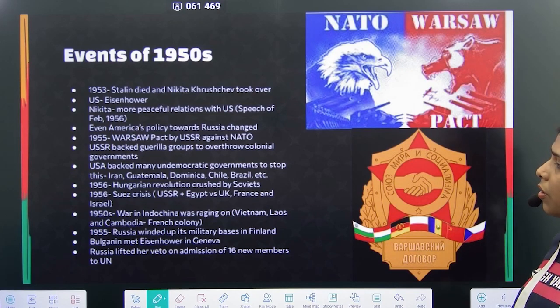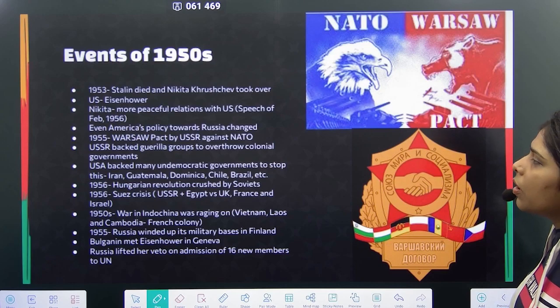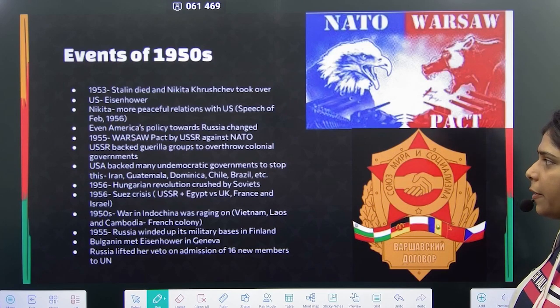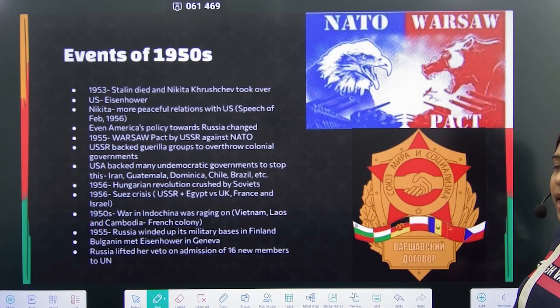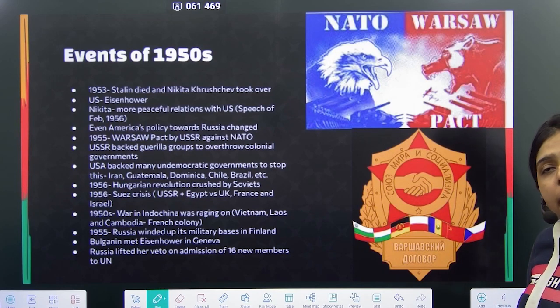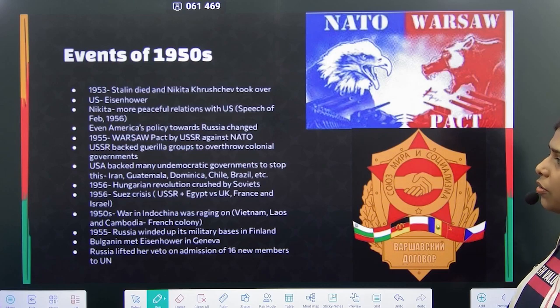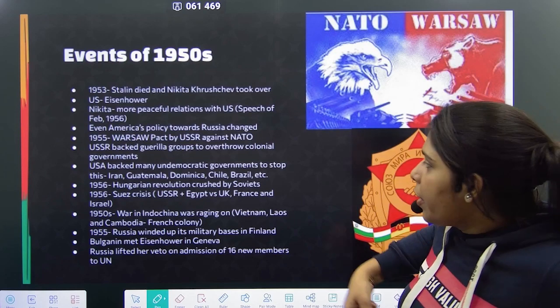And we also saw that USSR backed guerrilla groups. They tried to overthrow colonial governments in several European nations and tried to establish communism over there. As an attack to this, what USA was doing is backing many undemocratic governments to stop this. Please understand this now. Look at the irony over here.